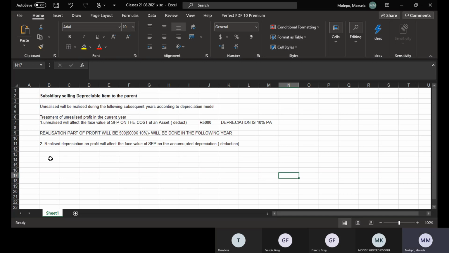And then three. Now, on the current year, on your statement of profit and loss.